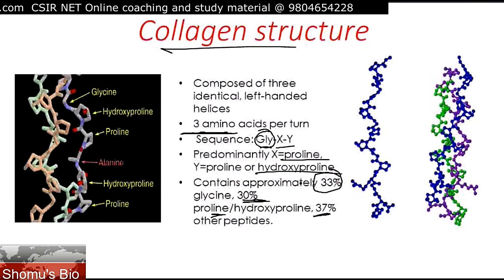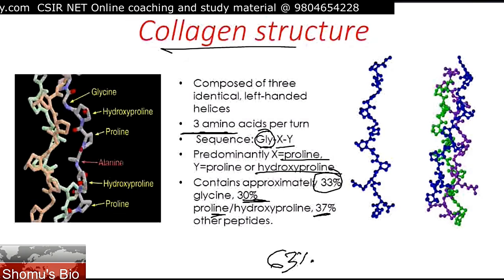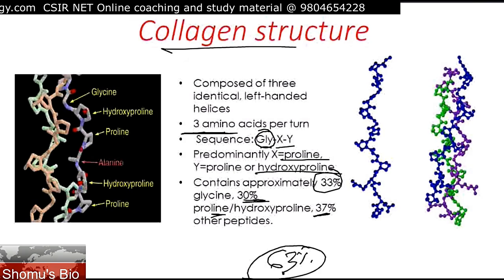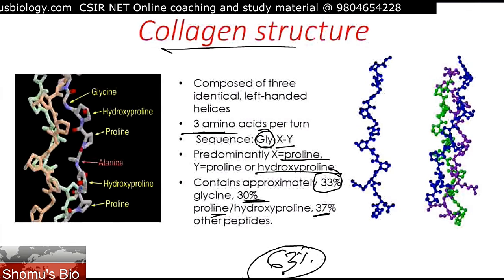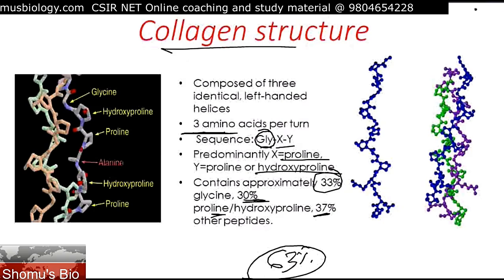So 63% of all the content of this collagen structure is made up of proline and glycine. So glycine is 33%, and proline, hydroxyproline is also like 30%.